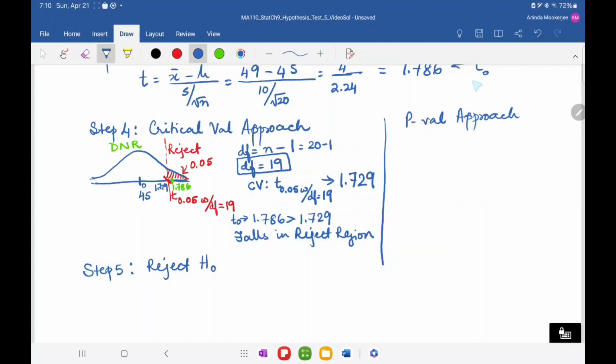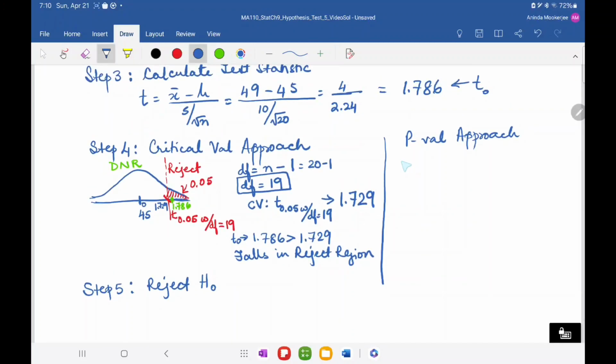We take our test statistic t sub 0 of 1.786 and find the area to the right. Because this is a right-tailed test, the area that we are looking for is to the right of wherever 1.786 falls in our t curve.